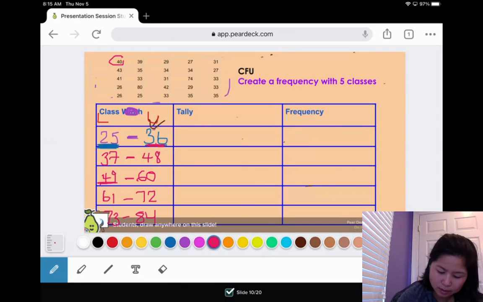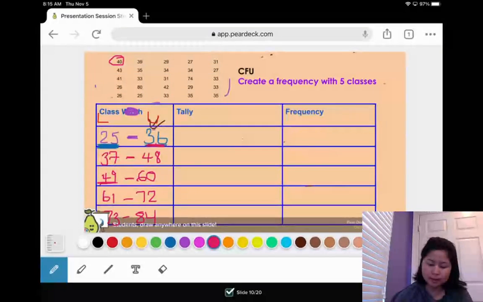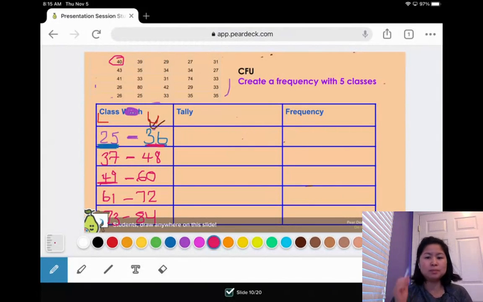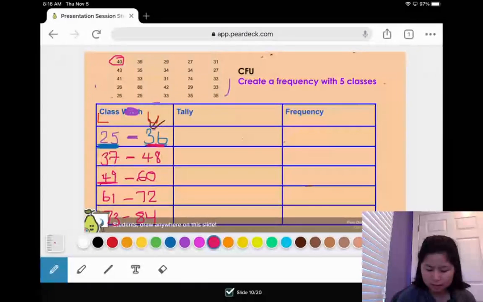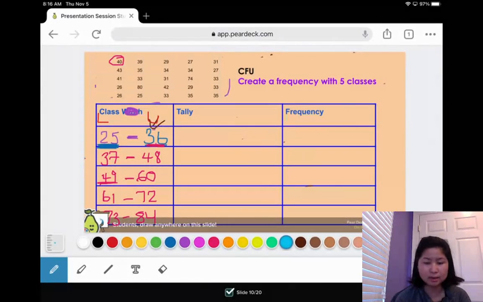What do I do with this 40 right here is that I'm going to look through all of my classes. I'm asking myself, 40 is between or belongs to which class? If I look in here, I can see that 40 should belong to my second class right here because it's between 37 and 48.